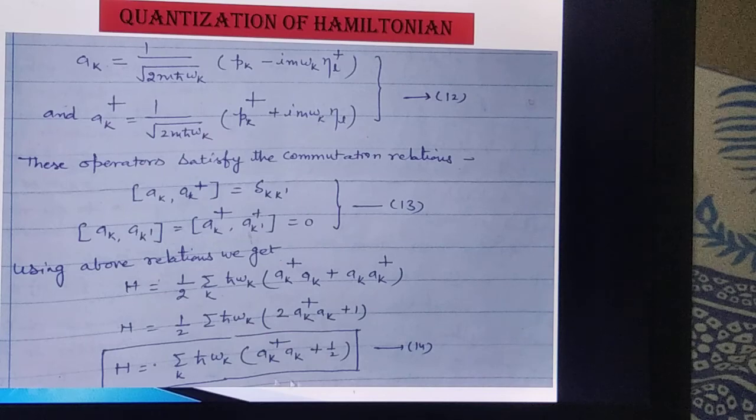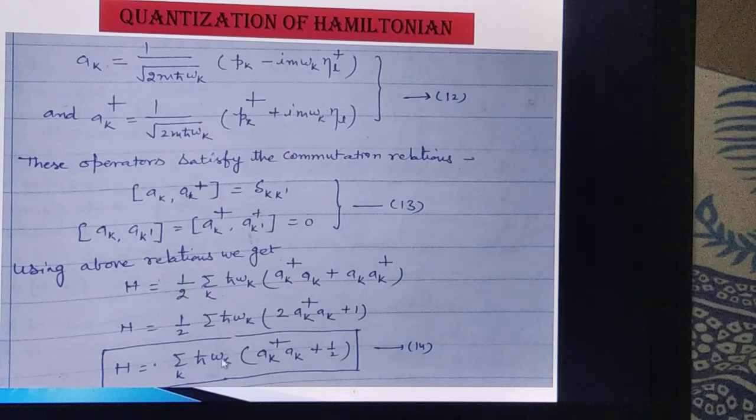A similar type of result was obtained for the simple harmonic oscillator, where you had H equal to h cross omega (a dagger a plus half), because in simple harmonic oscillators you have a single frequency of oscillation, but here in coupled harmonic oscillators omega depends on the wave number k.